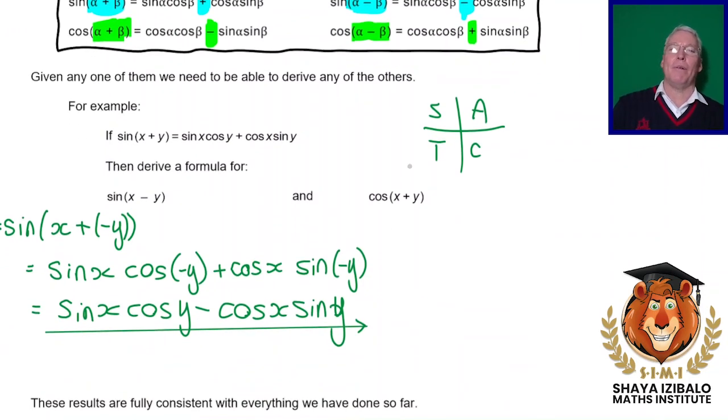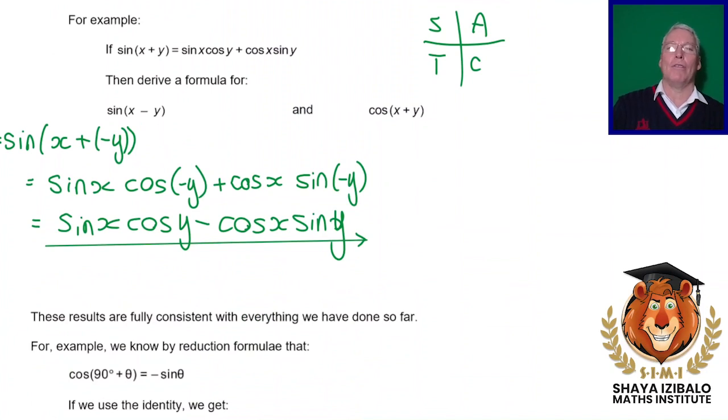Right, now the next one that we're going to look at is maybe slightly more interesting, because if we've got a formula for sine of something, how can we make a formula for cos of something? The secret is we can write this as the sine of 90 minus x plus y using co-ratios.